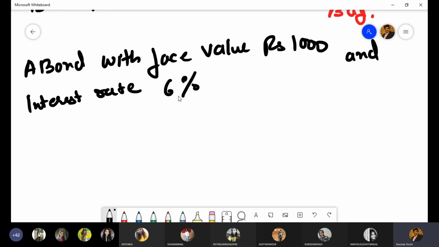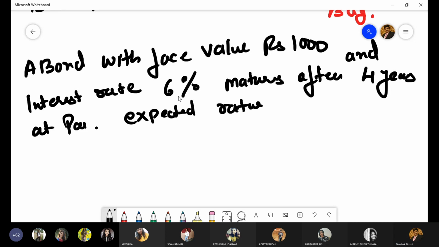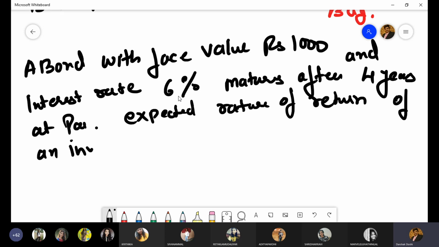A bond with face value rupees 1000 and interest rate 6% matures after 4 years at par. Expected rate of return of an investor is 12%.